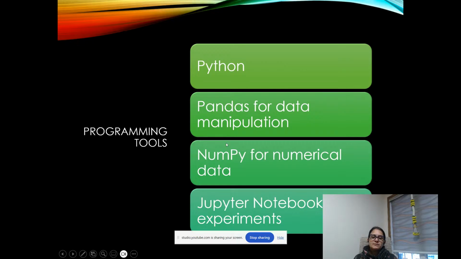Pandas for data manipulation, because the pandas library is the most important library where you do data manipulation, like if you want to group by, or take the average, mean, mode, median, everything. NumPy for numerical data, Jupyter notebooks for experiments. The IDE environment, I showed you in the first lesson, the Python one.